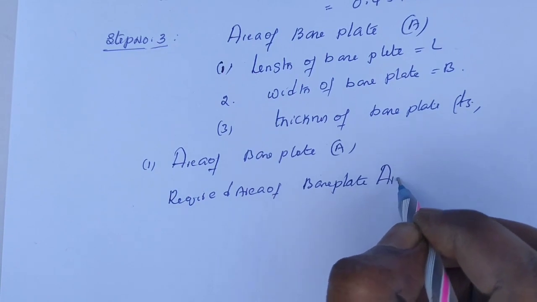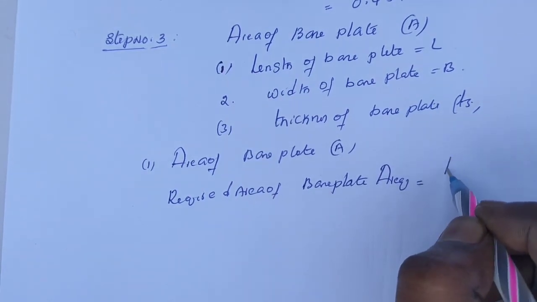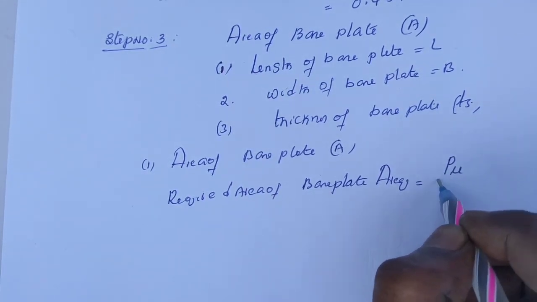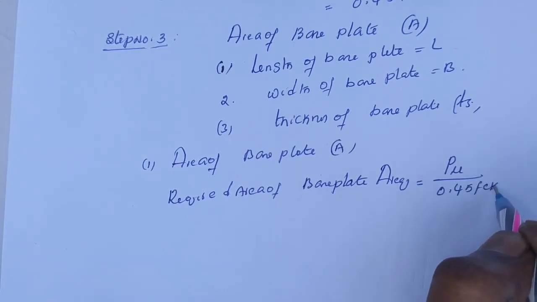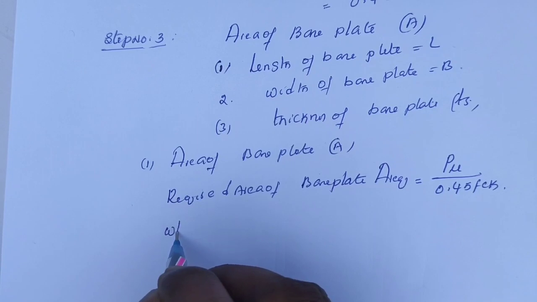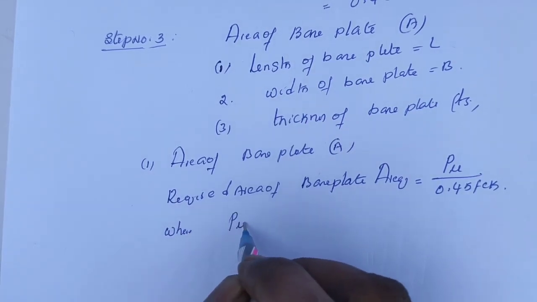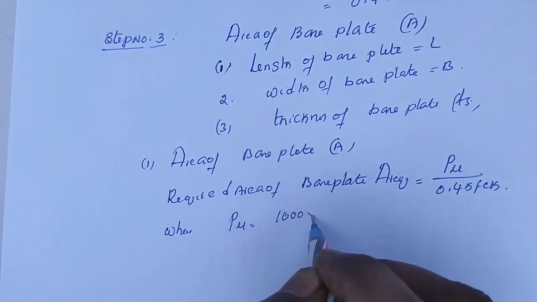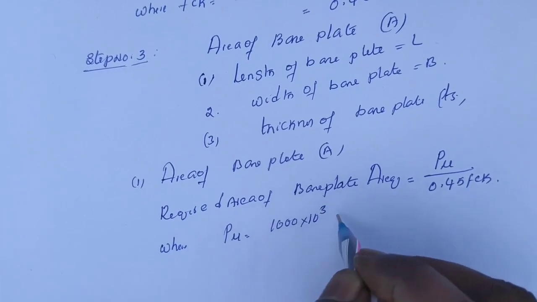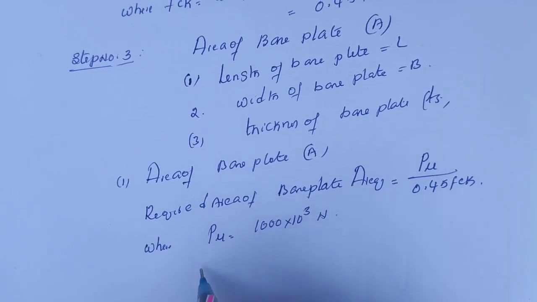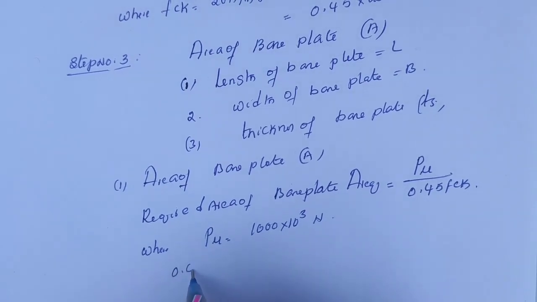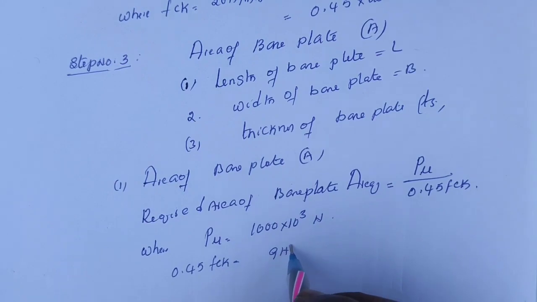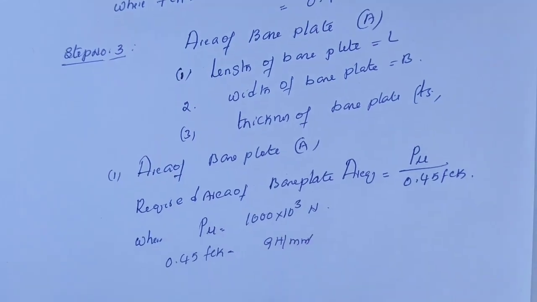The required area formula is A required is equal to axial load PU by 0.45 FCK, where PU is equal to 1000 multiplied by 10³ Newton and 0.45 FCK is already calculated as 9 Newton per mm square.